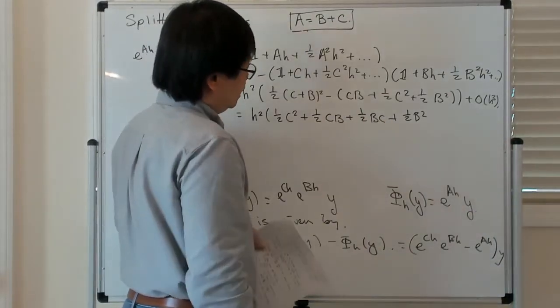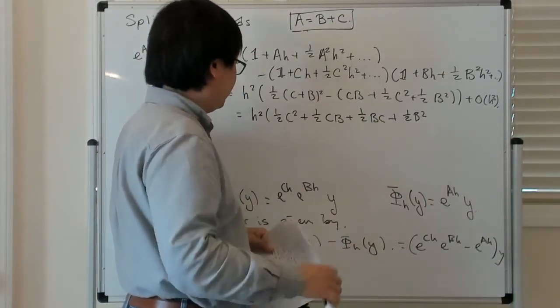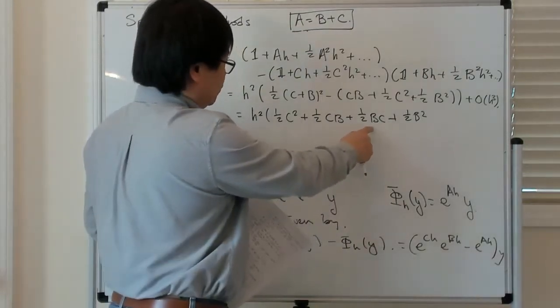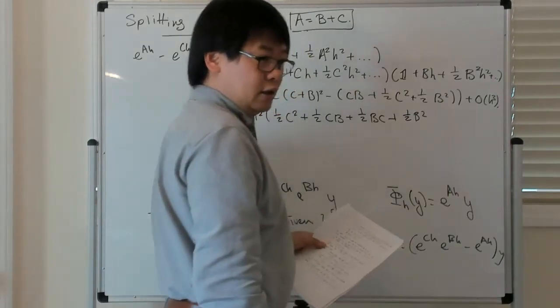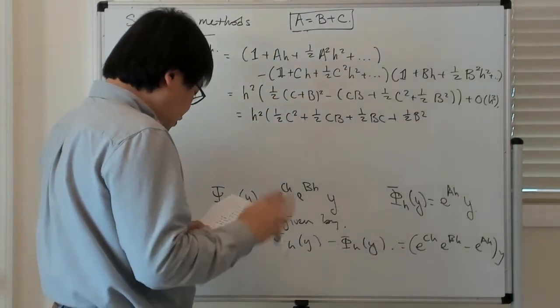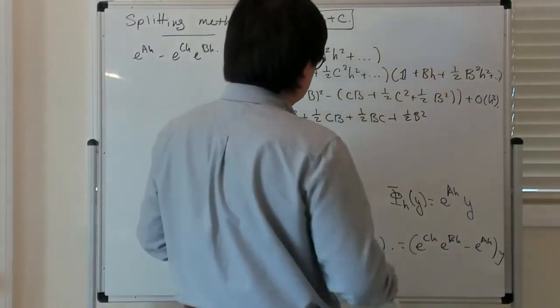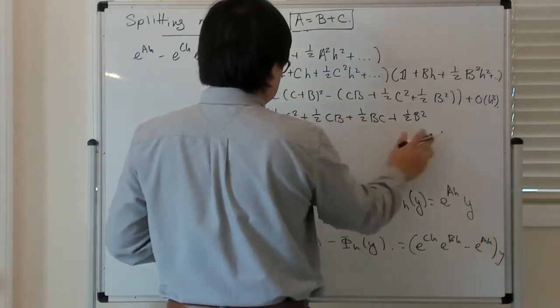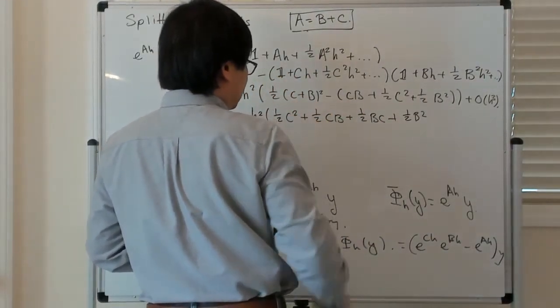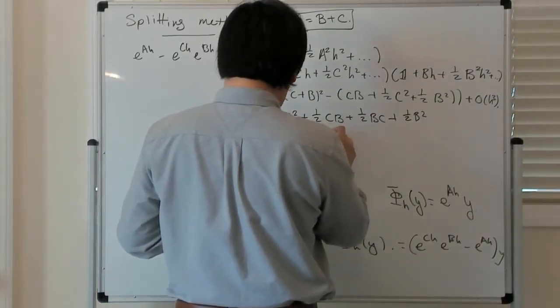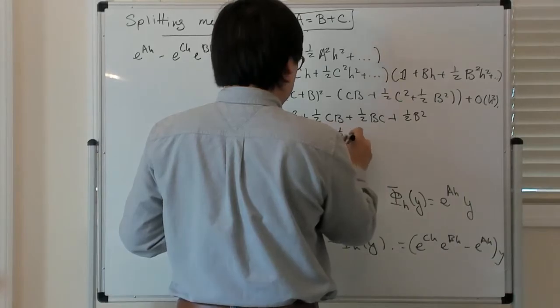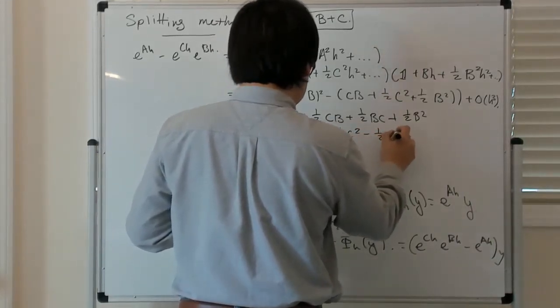Normally, if you were just dealing with regular algebra, you would have collected these two terms together. Again, I'm not assuming b and c commute with each other, and you should not assume that. This is just coming from the expansion of c plus b squared, plus then minus cb minus 1/2 c squared minus 1/2 b squared.